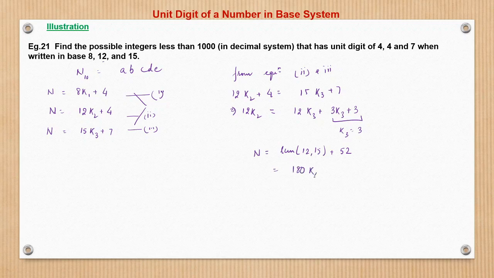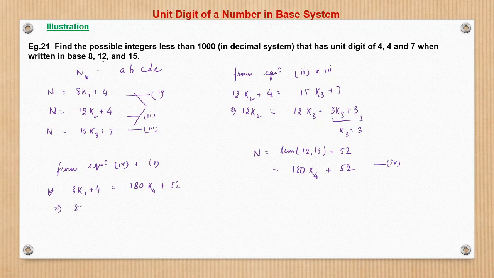So n = 180k4 + 52. Now from this equation 4 and equation 1 we will write 8k1 + 4 = 180k4 + 52.